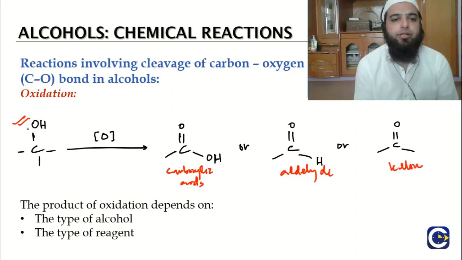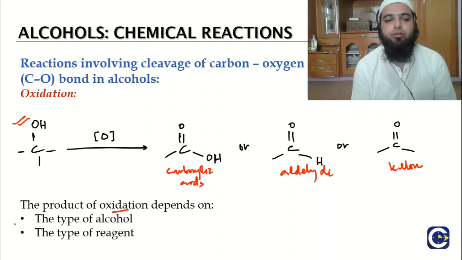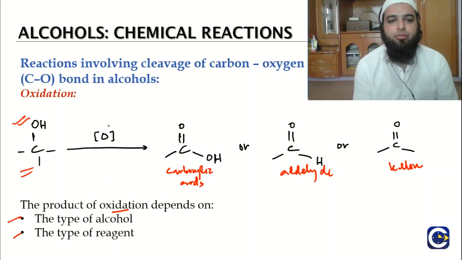So the oxidation of the alcohol can yield three different types of products, and the type of product that we get depends upon two factors. The first factor is the type of alcohol that we are using, which can be a primary, a secondary, or a tertiary alcohol. The second is the type of reagent, the oxidizing agent that we are using. This is a general representation of the oxidizing agent.